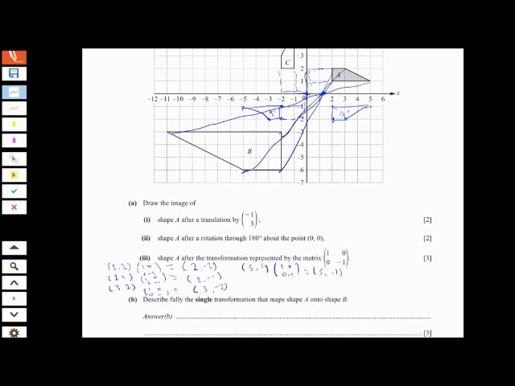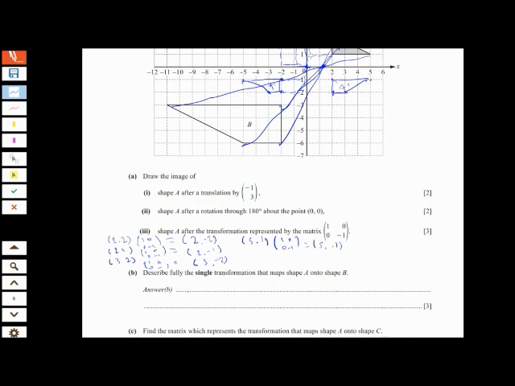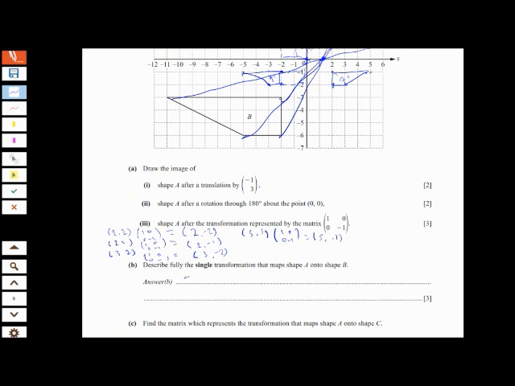So what you write here is enlargement, scale factor equals -3, center is 1, 0.